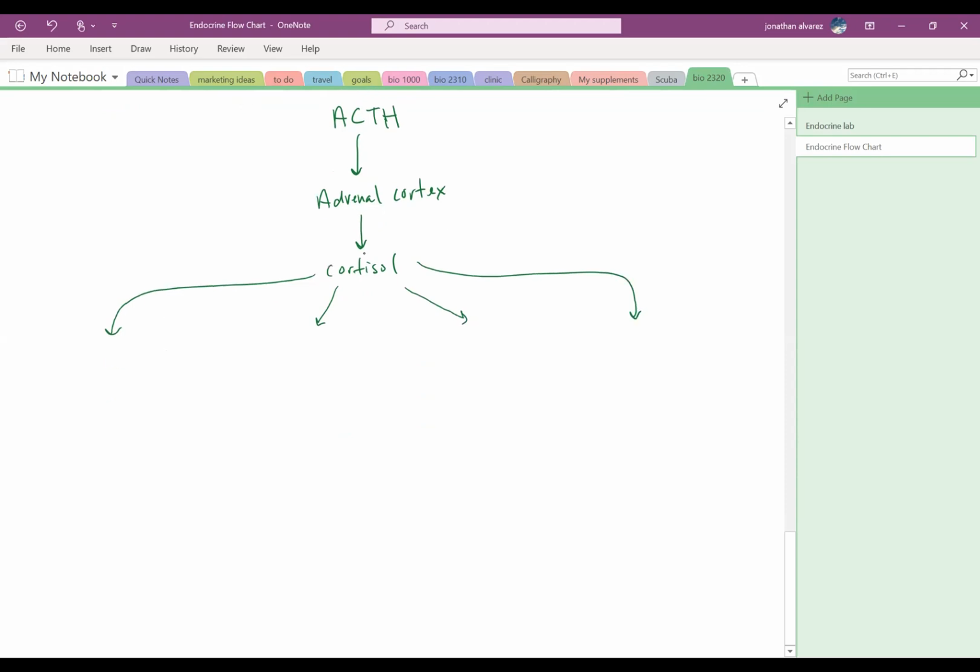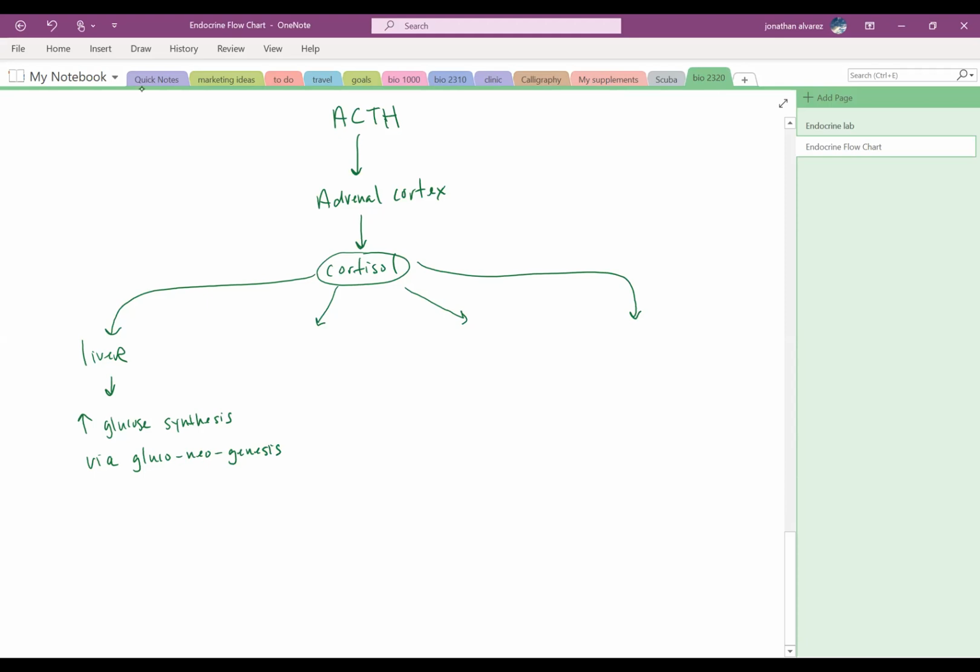When cortisol is released and goes to the liver, that increases glucose synthesis via gluconeogenesis.